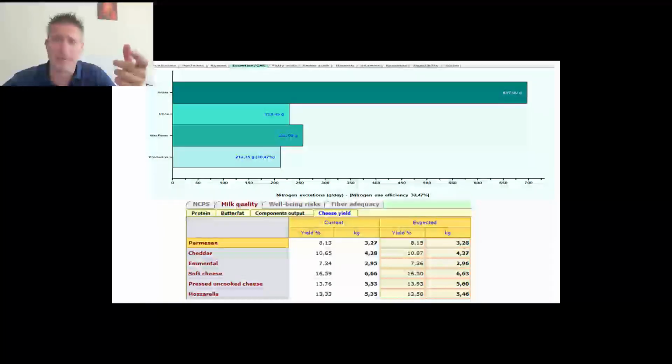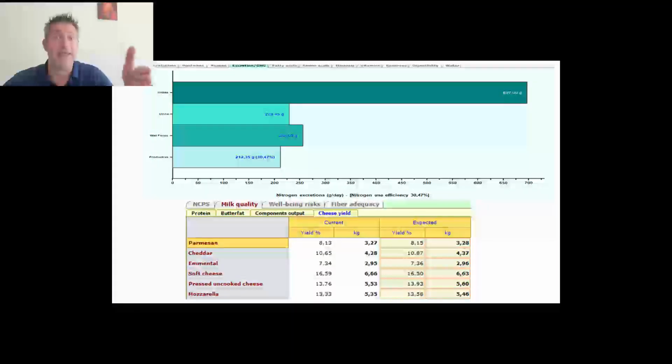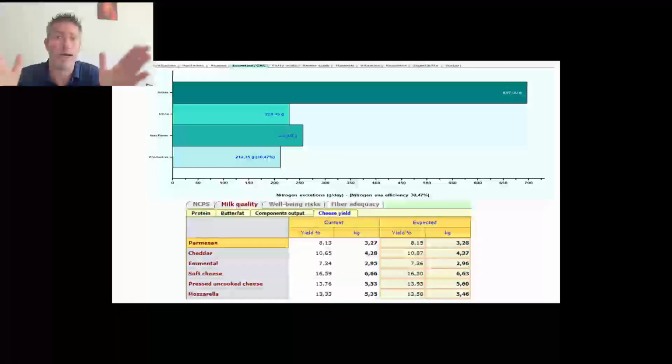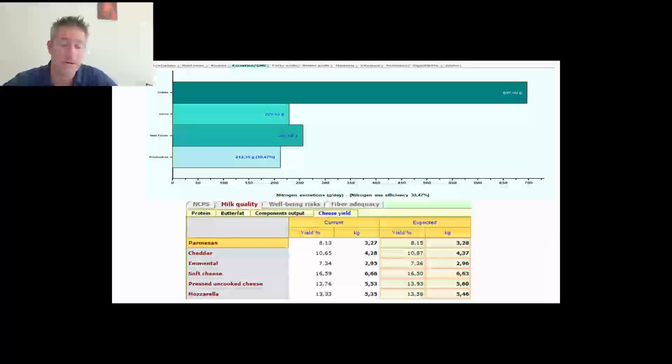Mozzarella is the other typical Italian cheese, fresh. The percentage of yield is much higher, 13%, so from the milk of one cow, the 40 liters, we produce 5 kilograms of mozzarella cheese.